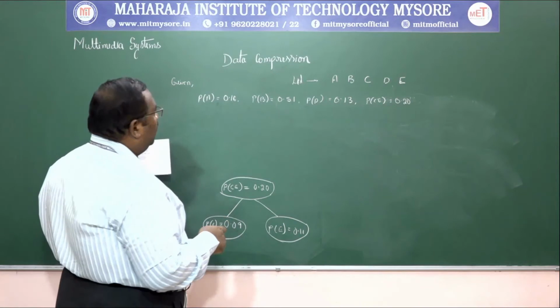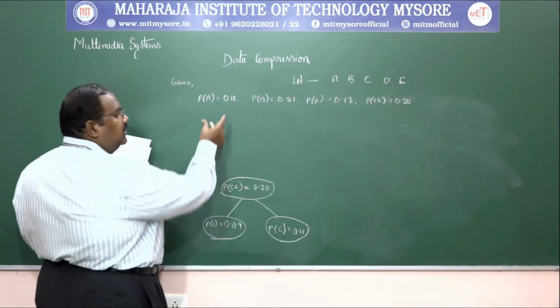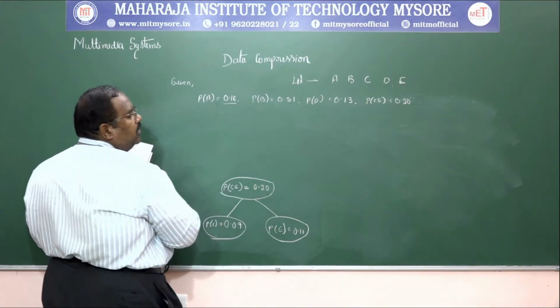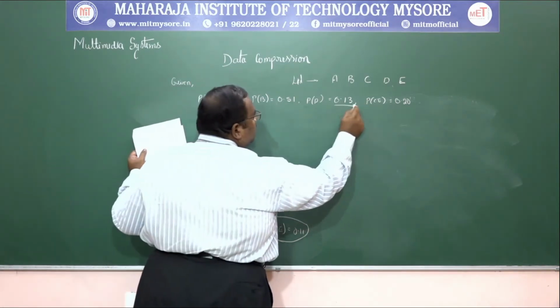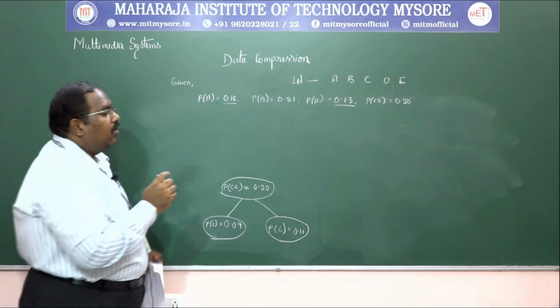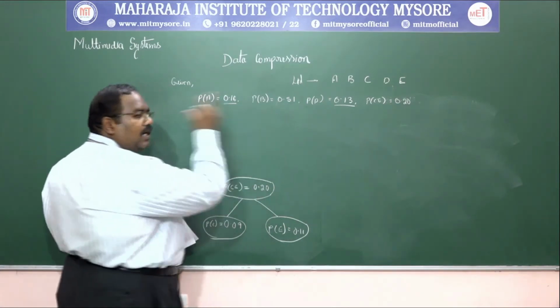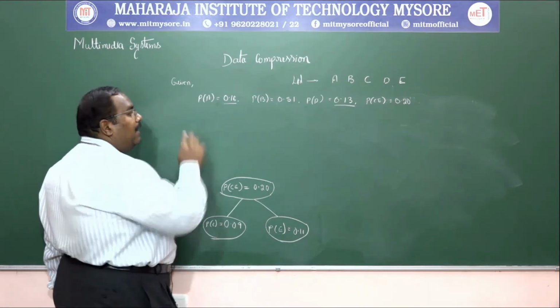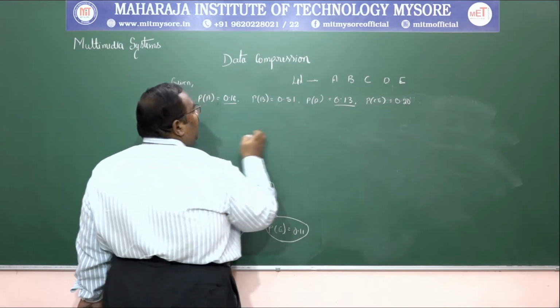Now when we talk about the smallest two in these, which is the smallest? See, look at this. 0.16 and 0.13 are the smallest ones. So again, what are we supposed to do? We are supposed to combine those two and create one more new node. So when we combine those two, what would be the value?